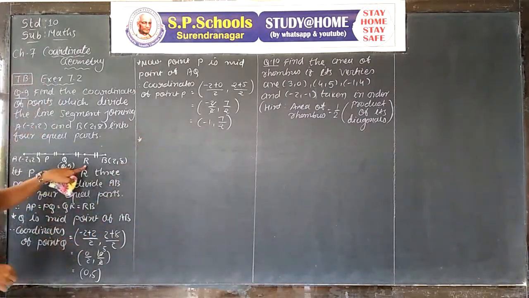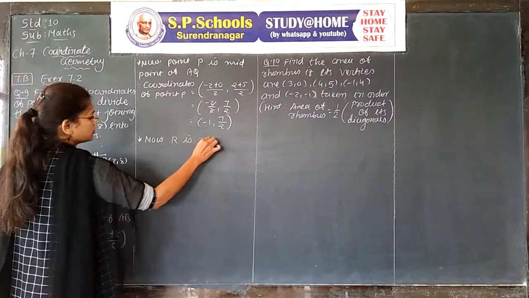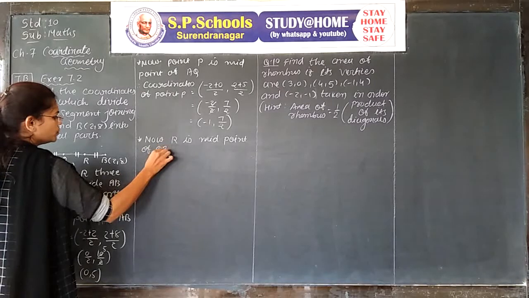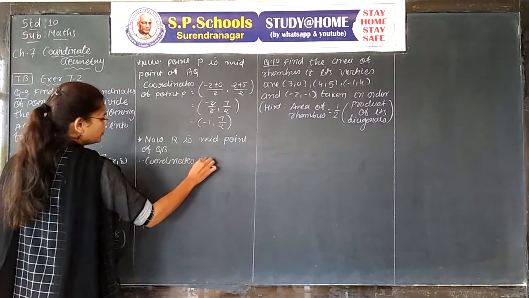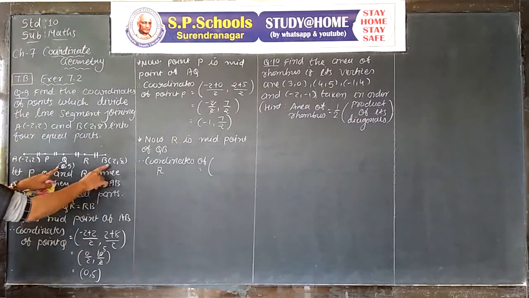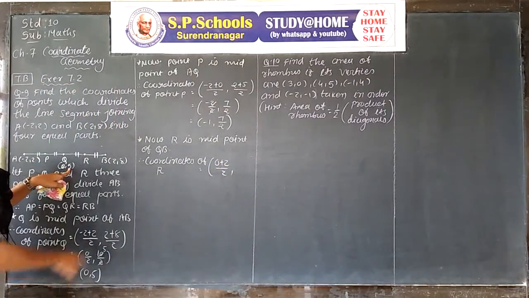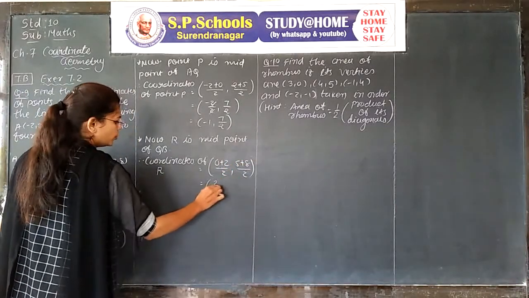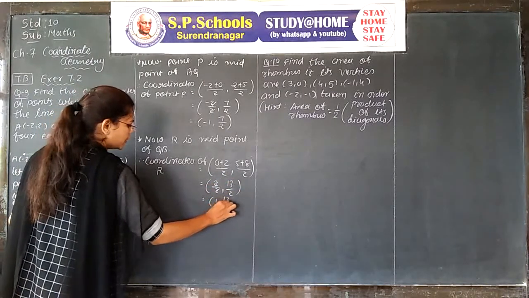Now the last, R is the midpoint of QB. Therefore, the coordinates of R: to obtain the coordinates of R we require Q and B. (0 + 2)/2, comma, (5 + 8)/2. 0 plus 2 is 2 upon 2, 8 plus 5 is 13 upon 2. 2 cancels and we get 1, 13 upon 2.